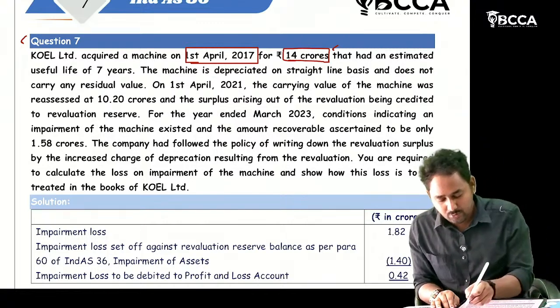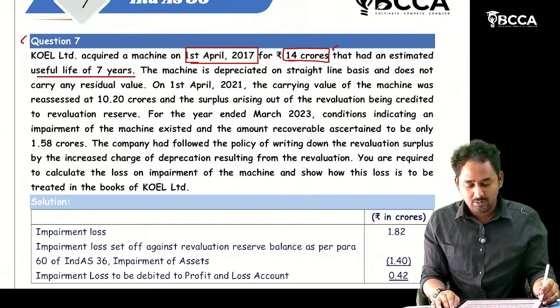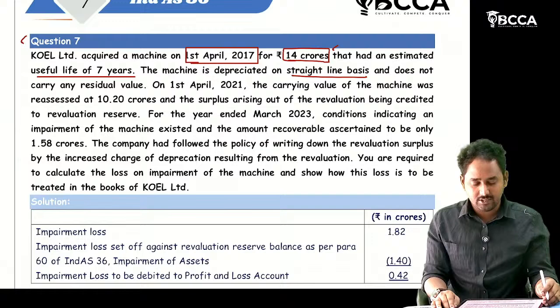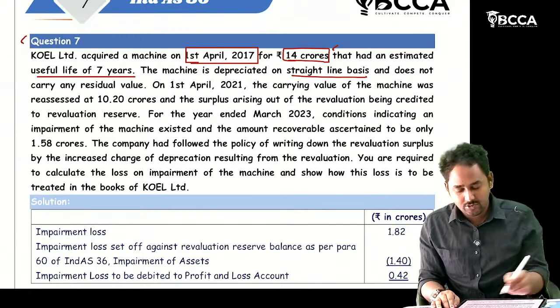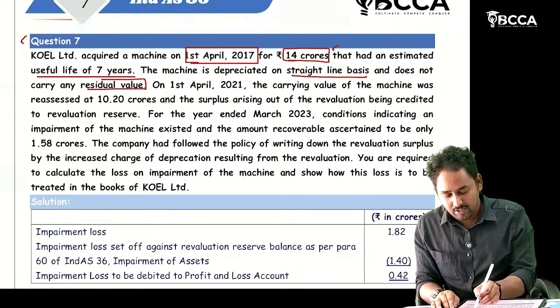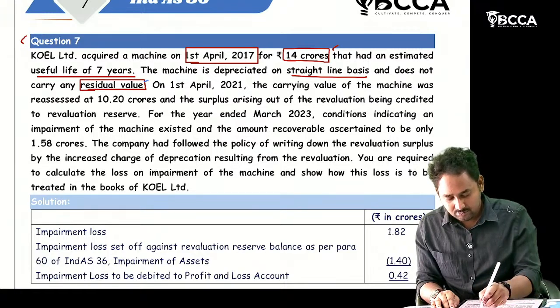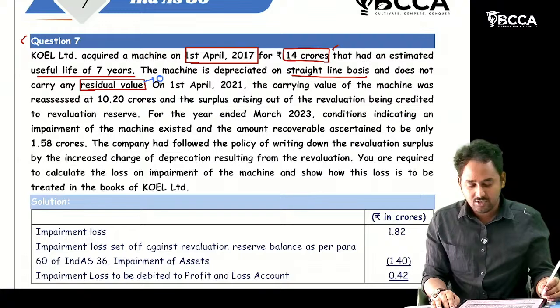Then what is the useful life of the machinery? 7 years. The machinery is depreciated on straight line method basis and does not carry any residual value, so the residual value is 0.